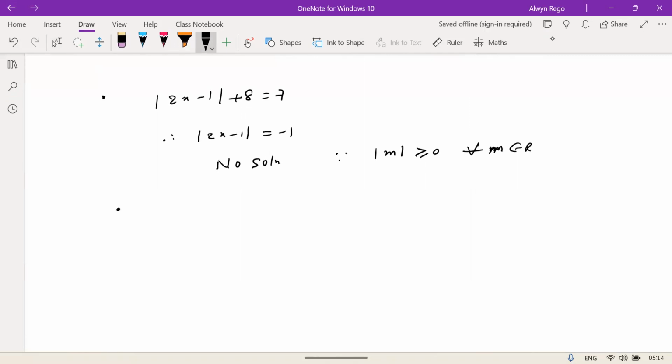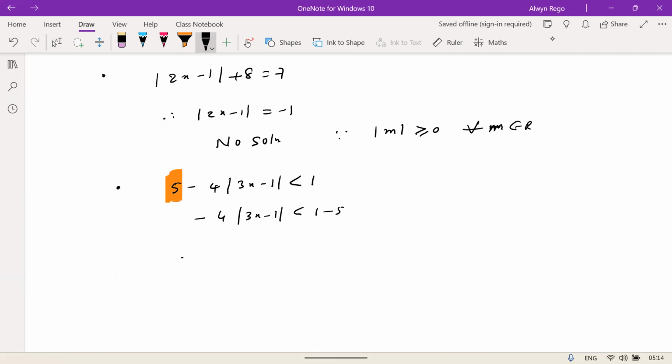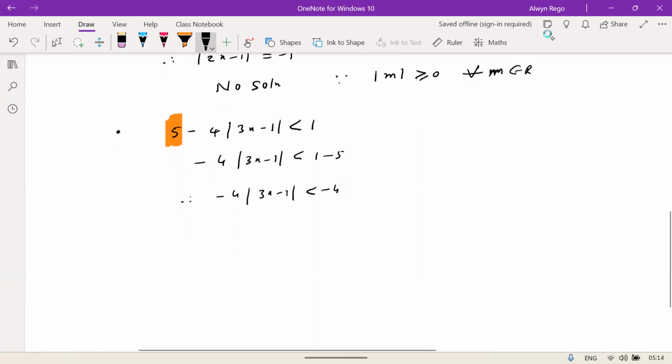A small recall of the last class's work: if you have 5 - 4|3x - 1| < 1, we said that we could transpose. So you have -4|3x - 1| < 1 - 5, therefore -4|3x - 1| < -4.